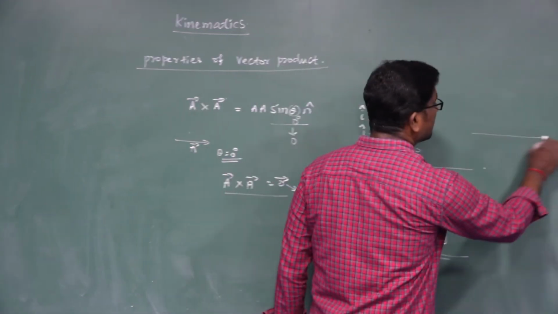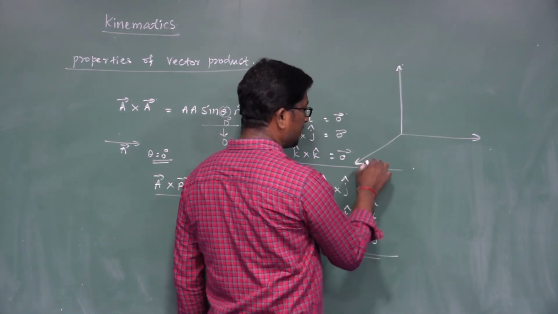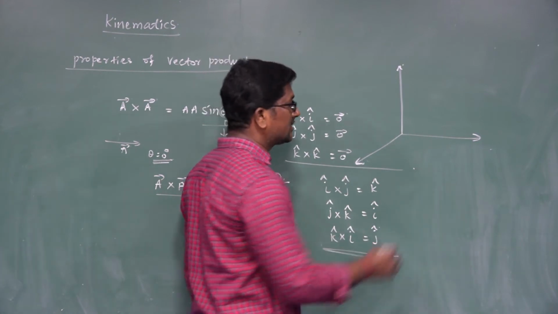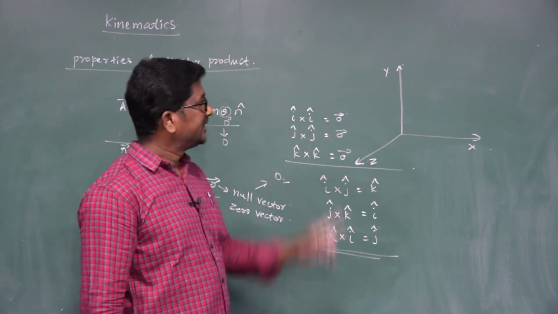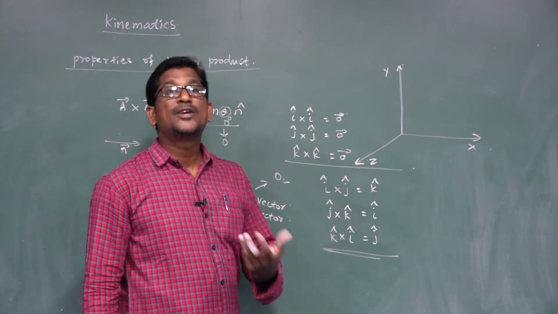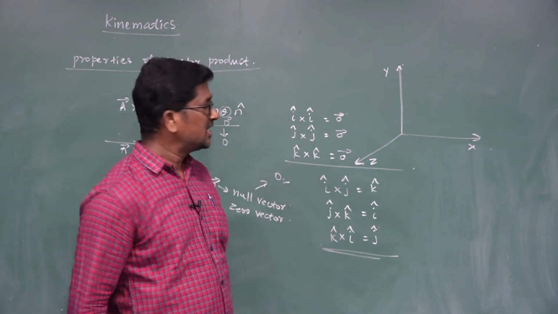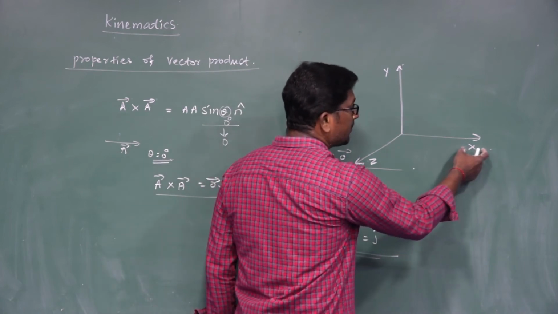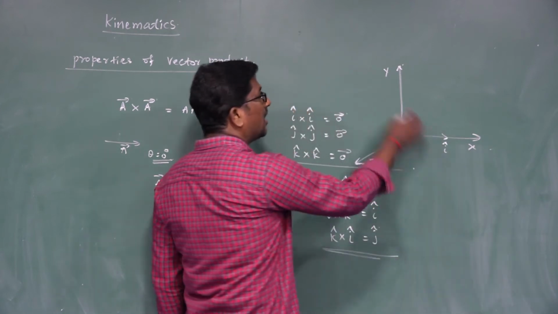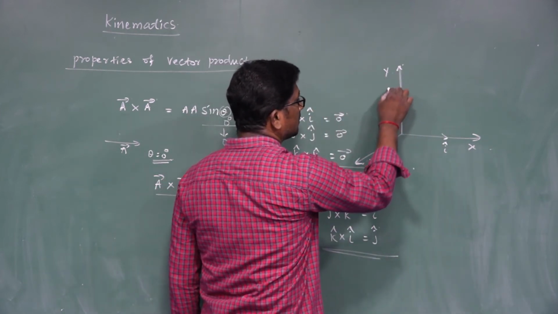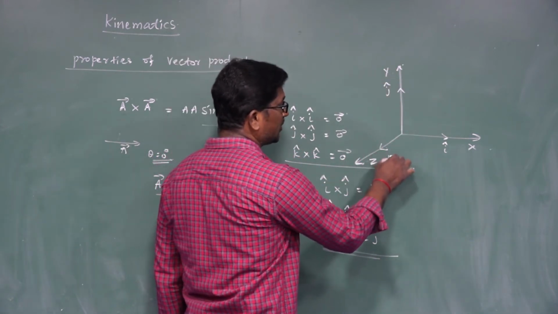Suppose the three-dimensional space is represented by three coordinate axes. They are x, y, and z. These three coordinate axes are used to represent a three-dimensional space, right? The unit vector of the x coordinate axis is represented by i cap, for the y axis the unit vector is j cap, and for the z axis the unit vector is k cap.